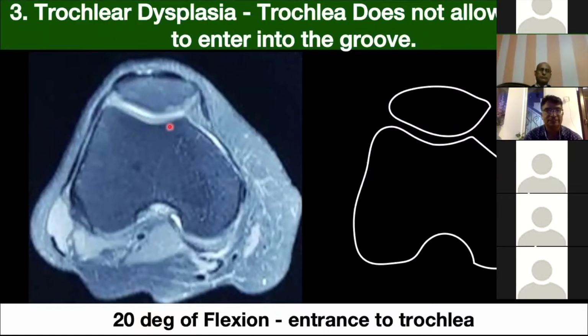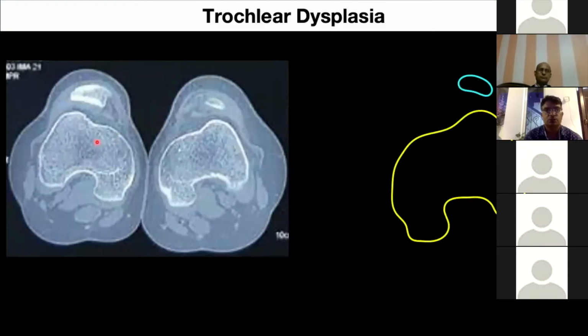If this entrance is not correct, like in this case, this is a trochlear dysplasia. You see that the entrance to the groove is not correct, there is a bump. Then what happens? This bump pushes and the patella falls onto the lateral side.